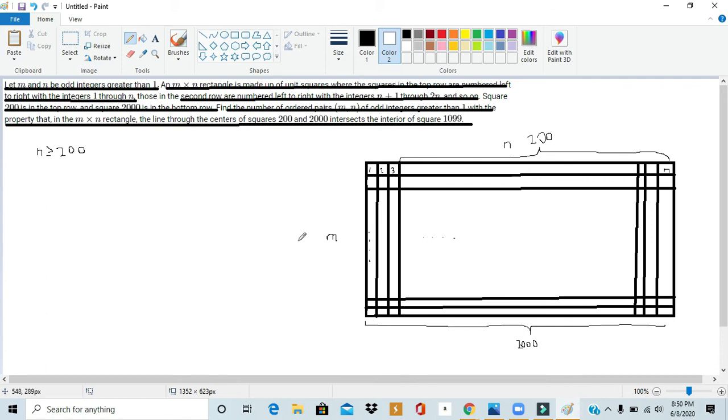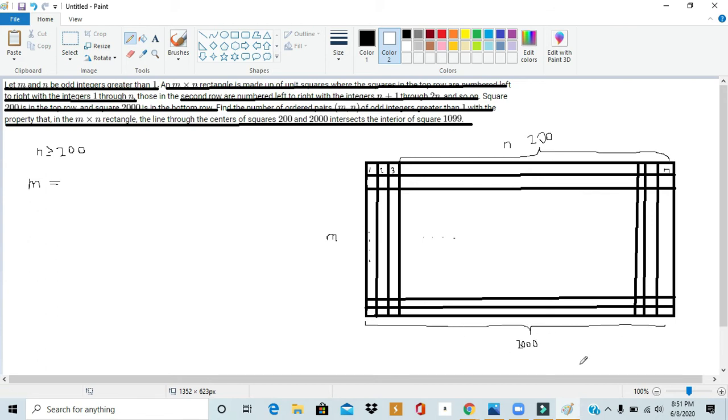We can use a relationship to derive m. Since there are m rows in this n-columned figure, each of these rows contains n elements. So after the first set of n, there's n plus 1 through 2n, and then eventually the very last element will be m times n.